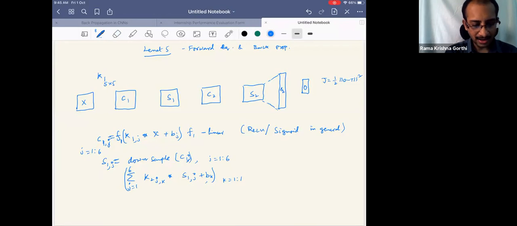Those are there, but just for simplicity of initial discussions, we may leave them. So F here is the same as whatever we have discussed before.